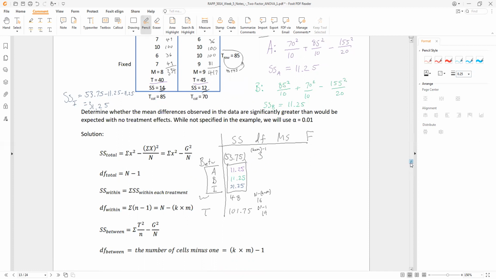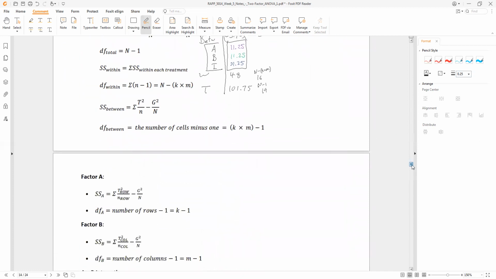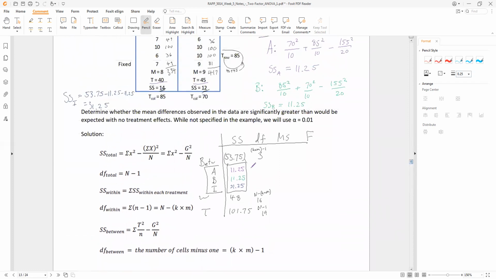And then for the A and the B, it's easy. We just have the K minus 1, right? The number of rows minus 1. So 2 minus 1 is 1. M minus 1, right? The number of columns minus 1 is also 1. And then what's this? This is just going to be whatever's left over to make them add up to 3, right? So 1 and 1 and 1 make 3.